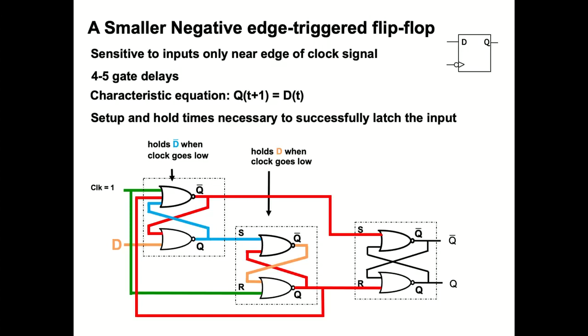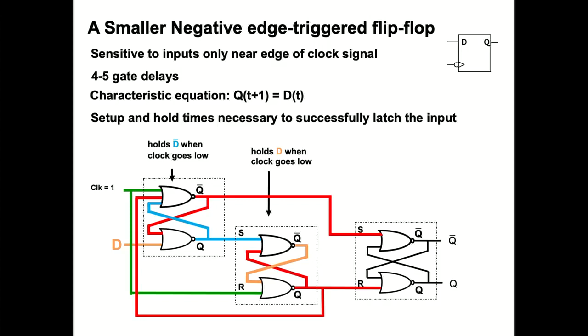So as long as the clock is 1, changing D will have no effect on the final output. But we do need the D value to actually make its way all the way to this gate and all the way to this gate here. Okay, because now we are about to make the clock go low. And that's the edge we care about, from high to low.